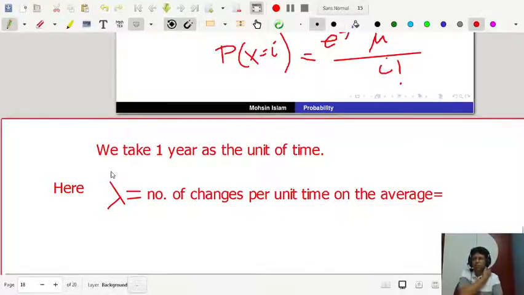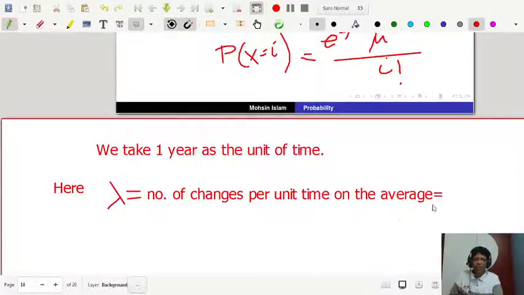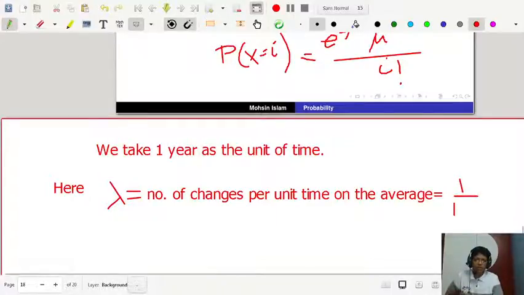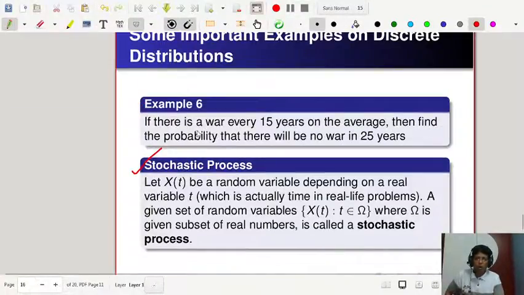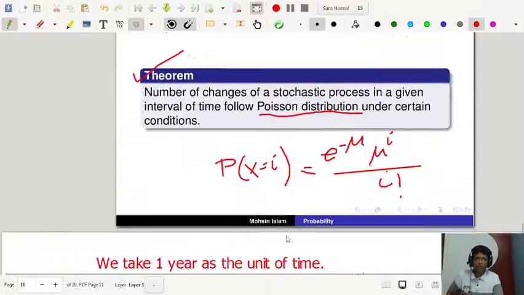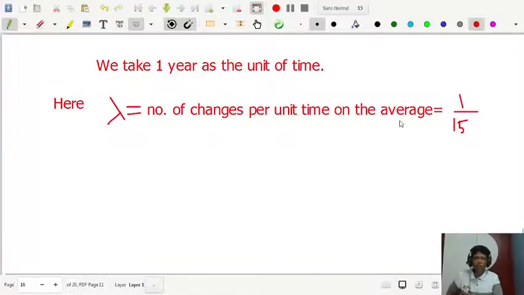You have to take the unit of time before you start the problem, and you have to define a lambda. What is your lambda? Lambda is the number of changes per unit time on the average. You look at the problem: there is a war in every 15 years on the average. So lambda is equal to 1 by 15, the number of changes per unit time on the average.